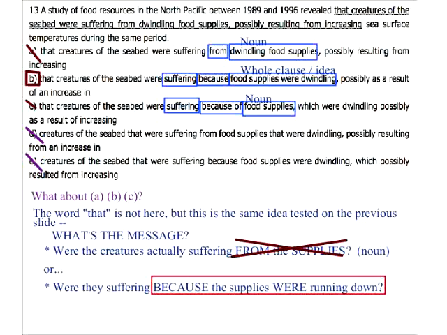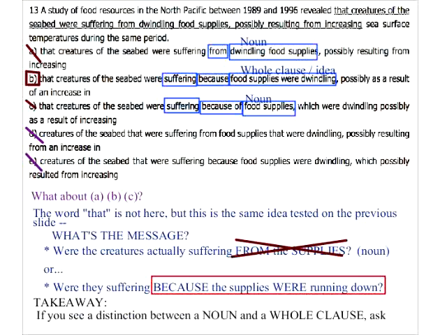While people are typing, let's go ahead and put a general sort of takeaway on the board here. So what should you get out of this? If you see a distinction between a noun and a whole clause, ask yourself, what's the message?